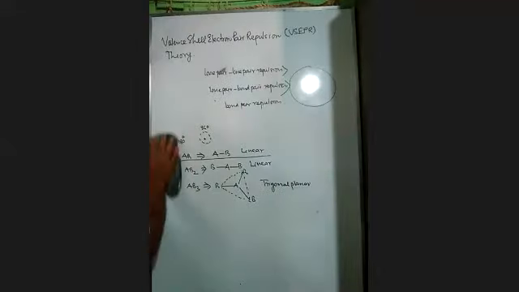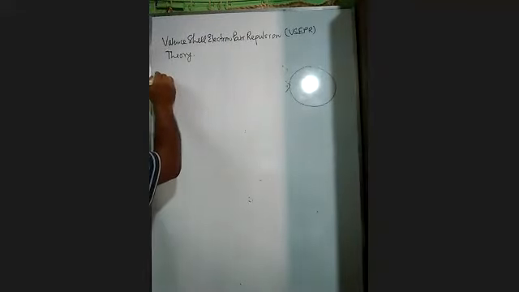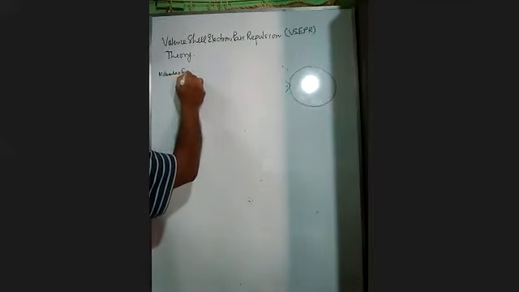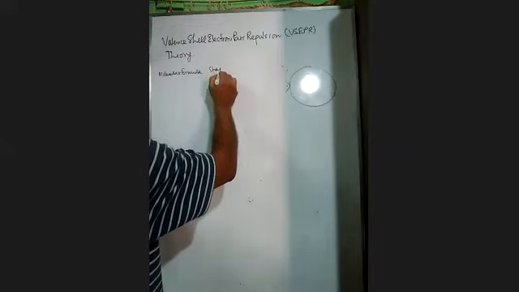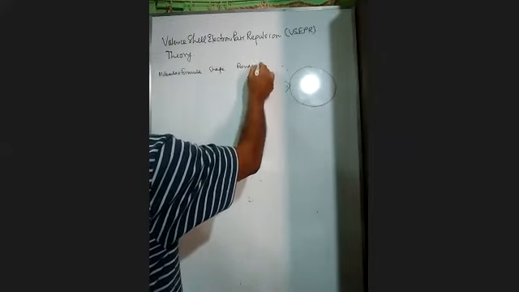Okay, so I'm going to write. This is very interesting. I'll write here the molecular formula, then the shape, the name and the bond angle. The molecular formula is AB2.